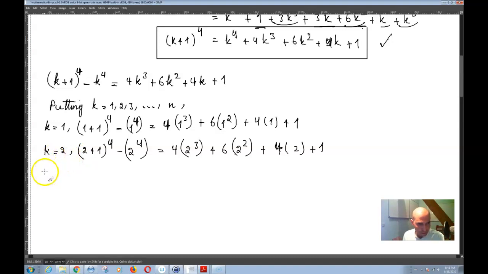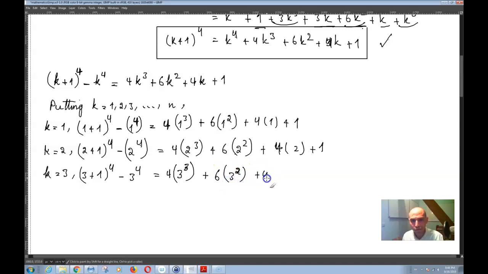Now, if K is equal to 3, I will have 3 plus 1 whole raised to the power 4 minus 3 raised to the power 4 is equal to 4 times 3 raised to the power 3 plus 6 times 3 raised to the power 2 plus 4 times 3 plus 1.